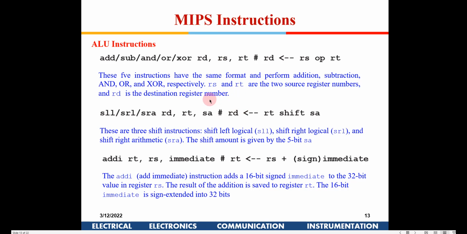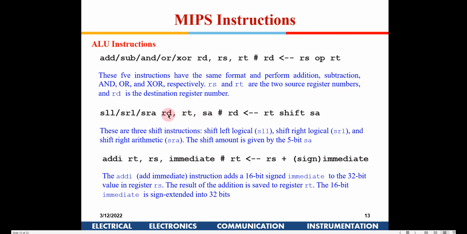Then you could have several shift operations: shift left logical, shift right logical, shift right arithmetic. Here is the destination register, here is the target register, and then in the format you write by what amount you want to shift.